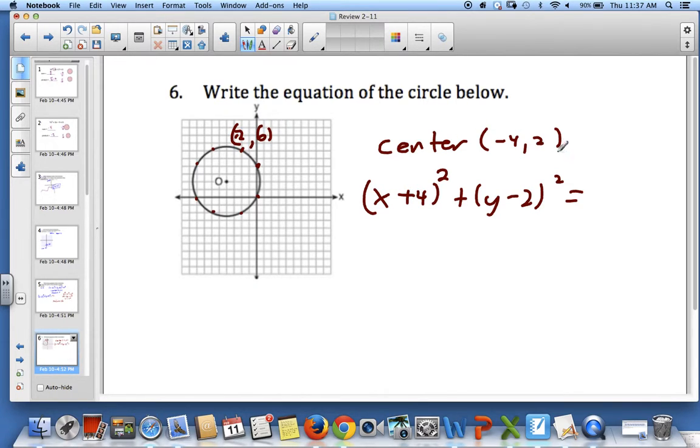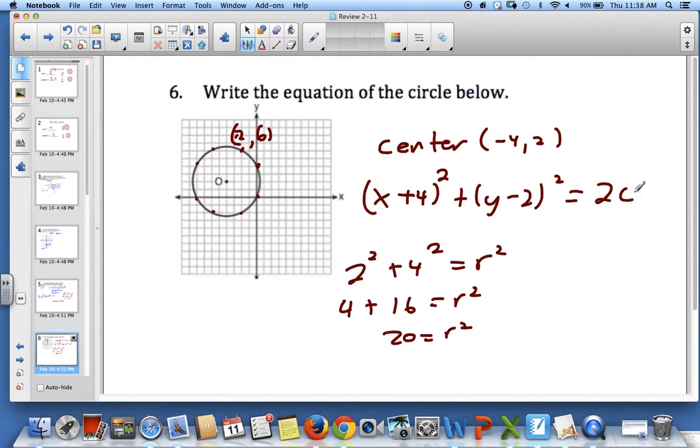Boy, that was tough. Negative 4 to negative 2, how far apart is that? That's going to be 2, so 2 squared. And then from 2 to 6, how far apart are the two y values? They're 4. 4 squared equals r squared. So 4 plus 16 equals r squared. 20 equals r squared. That's the number that goes here, 20.